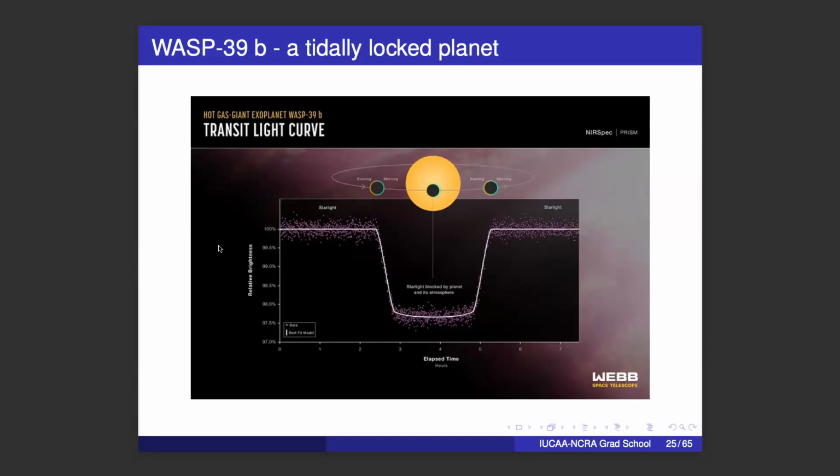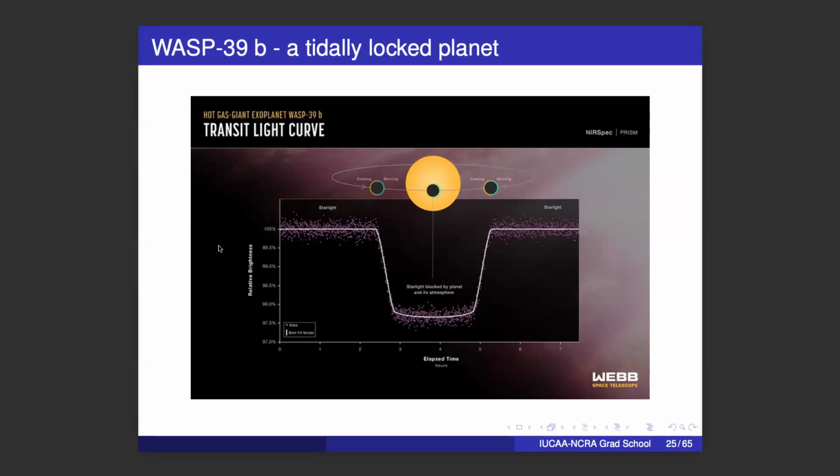So this particular planet shows the same half to the parent star, so that side is permanently in daylight, and the other side is permanently in darkness. So there is something known as a terminator, which separates the bright side from the dark side.